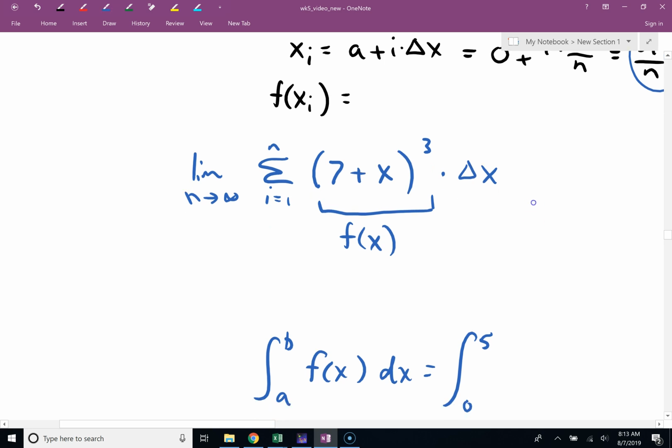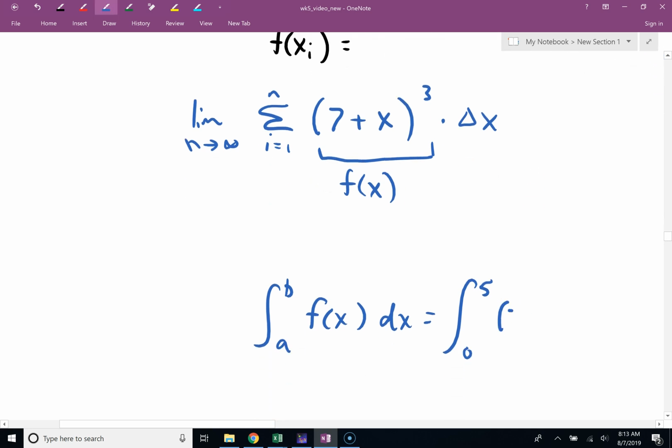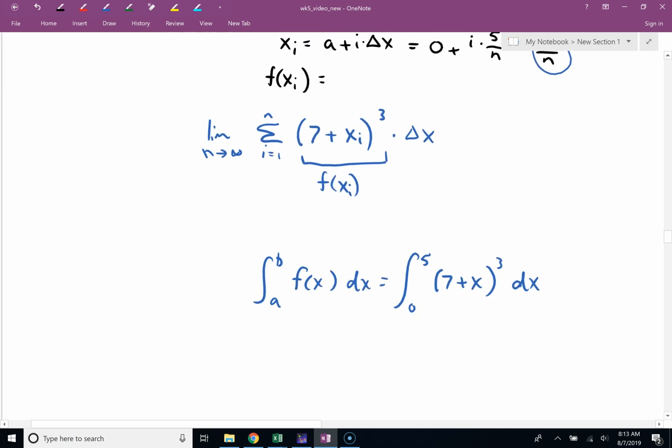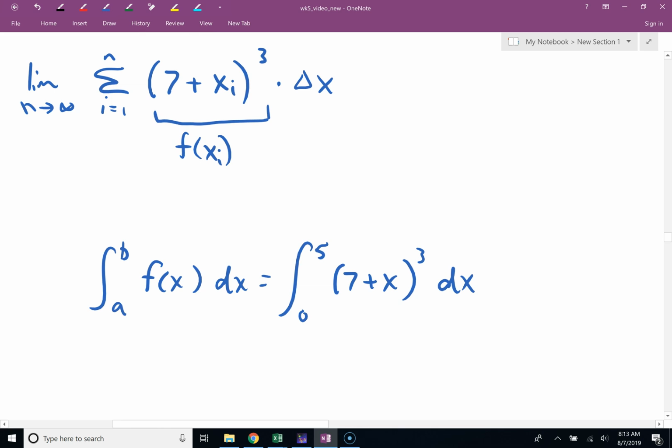And so now I know what f of x is. It's 7 plus x, cubed. So this Riemann sum right here is trying to get at the area under the curve 7 plus x, all being cubed, on the interval from 0 to 5.